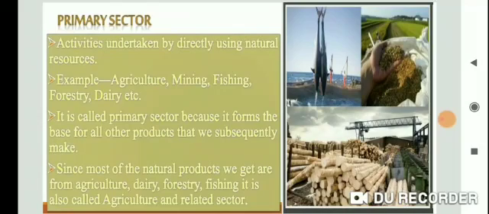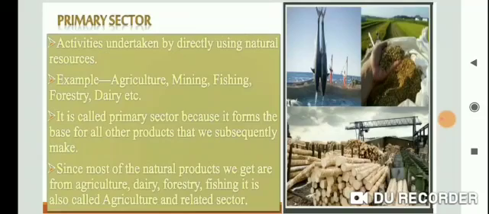Students, to repeat my words: primary activities are directly dependent on the environment, as these refer to utilization of earth resources such as land, water, vegetation, building material and minerals. The primary sector exploits natural resources to produce goods.